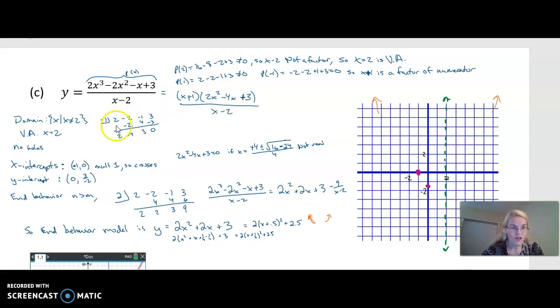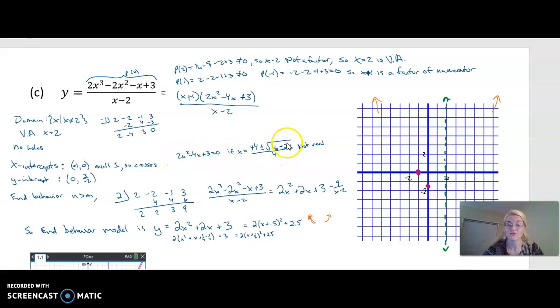Right? And how do we figure that out? I did my synthetic division over here. 2, negative 4, and 3 are the coefficients of what's left. All right, so what are my x-intercepts? Negative 1, 0, which I plotted right there. And it's got multiplicity 1, so it's going to cross my x-axis. And then this guy, if I set that equal to 0, and I use the quadratic formula, I'm getting negative b plus or minus the square root of b squared minus 4 times a is 8 times c is 24.